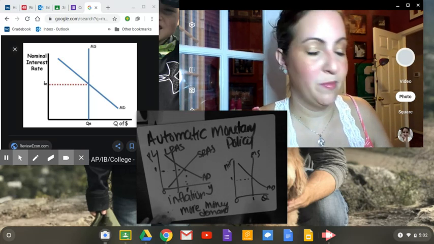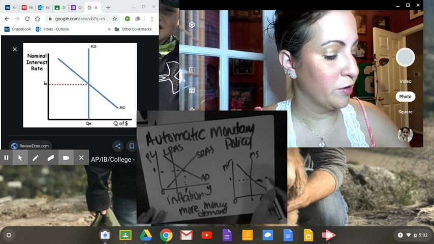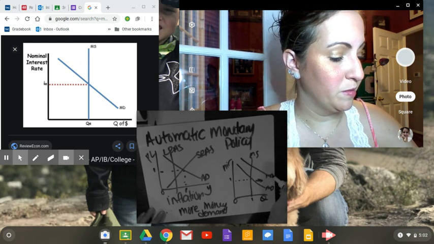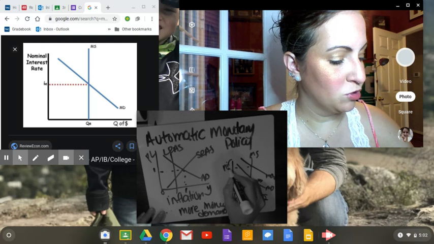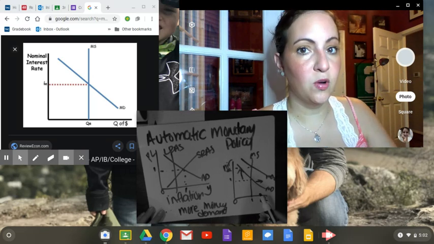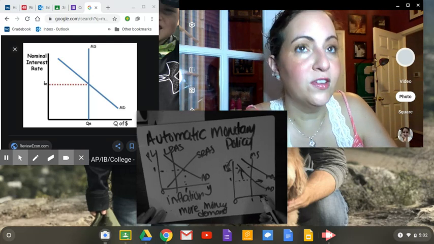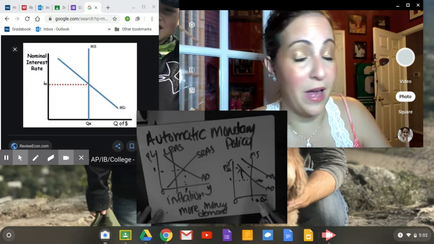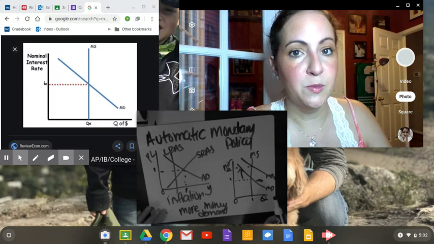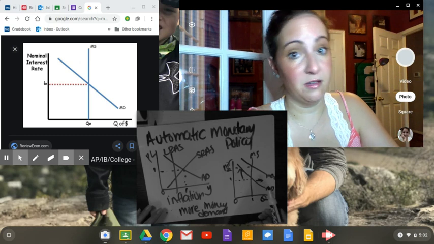As people reach for their wallets more, that increases money demand and shifts it to the right, money demand two. And look what happens to interest rates. Interest rates are going to go up on their own, even if the Federal Reserve decides to not do any policy. You guys buying more things increases interest rates anyway.